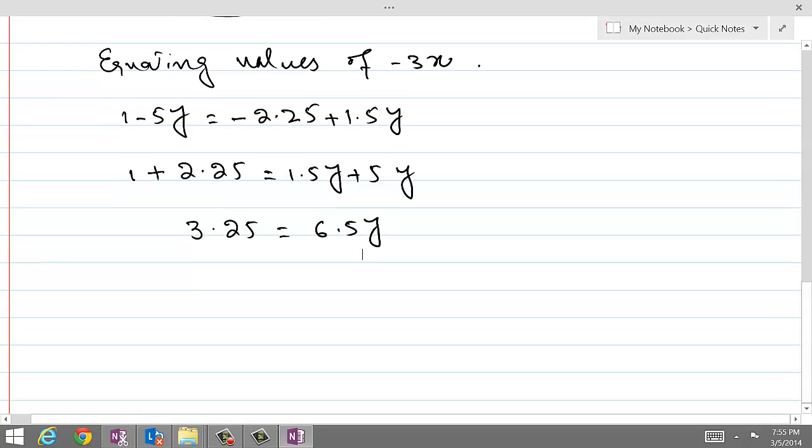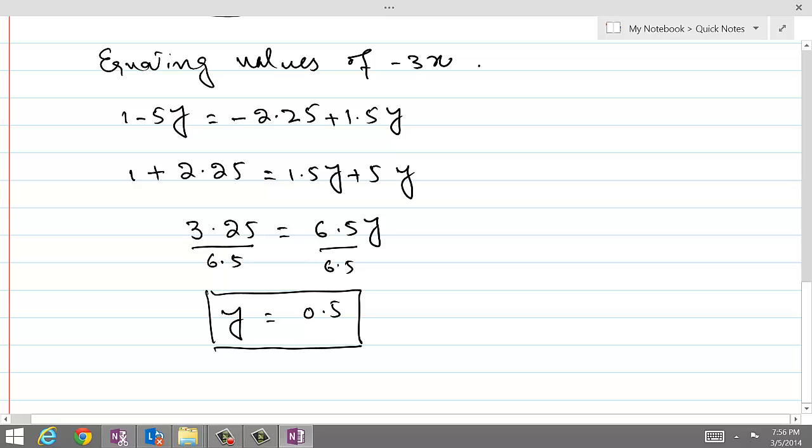Now we divide both sides by 6.5 to get the value for y. So this gives us y equal to 0.5. This is the value for one of the variables.